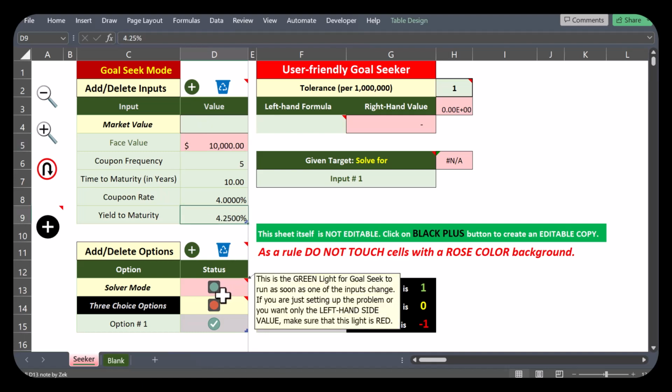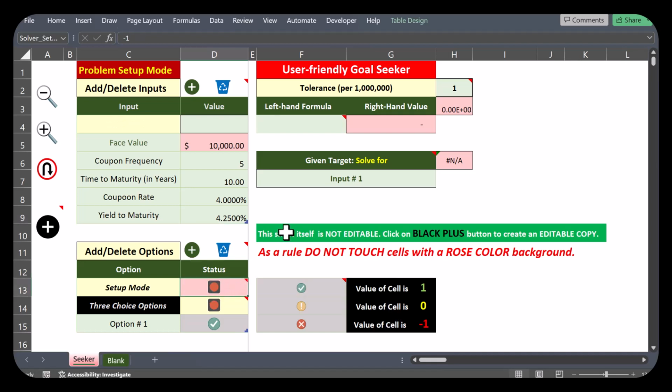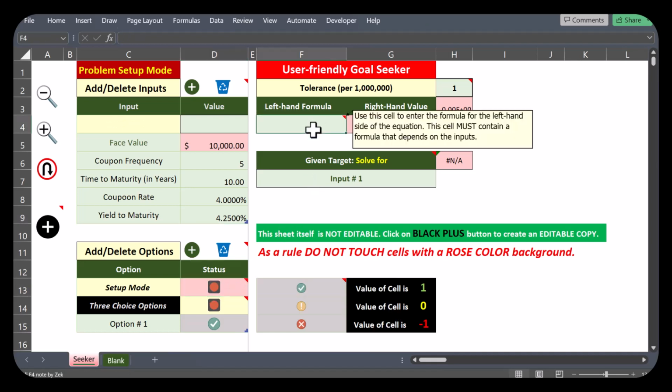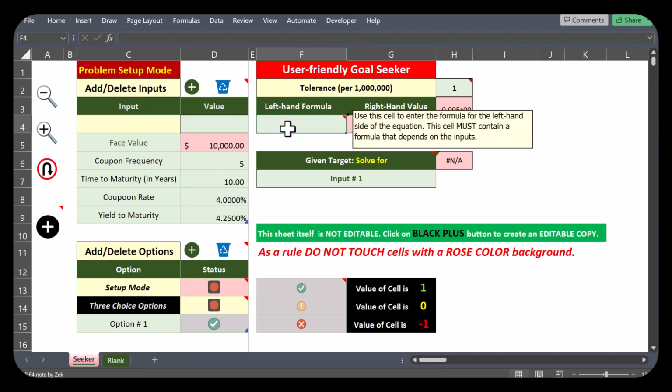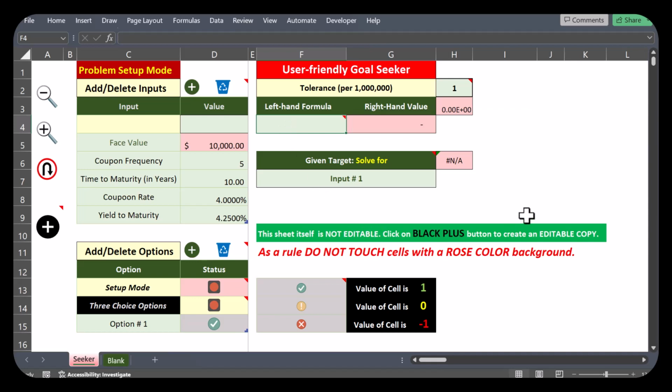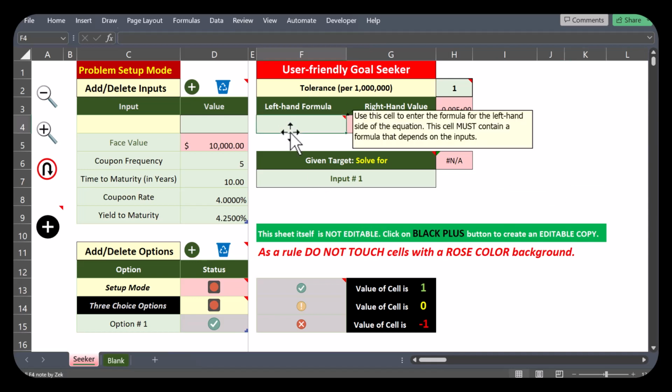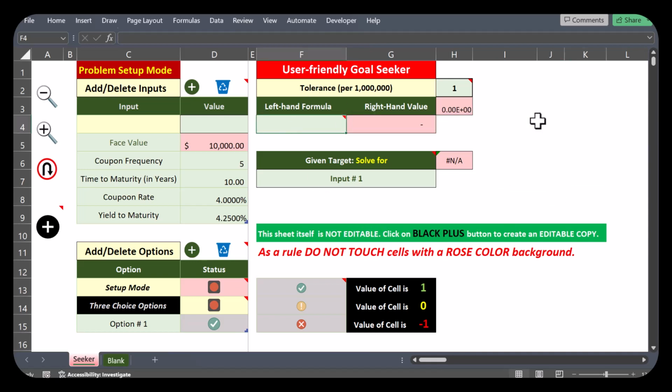Here, I'm going to write the formula that's going to calculate the value of bonds. I can do it in pieces. Wait a minute. Okay. I can do it in pieces, but apparently I need to create a copy of this.